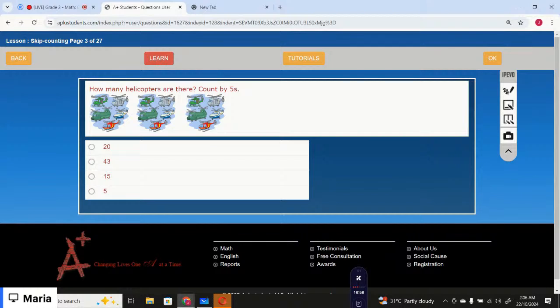Okay, the next one is how many helicopters are there? You have to count by 5.